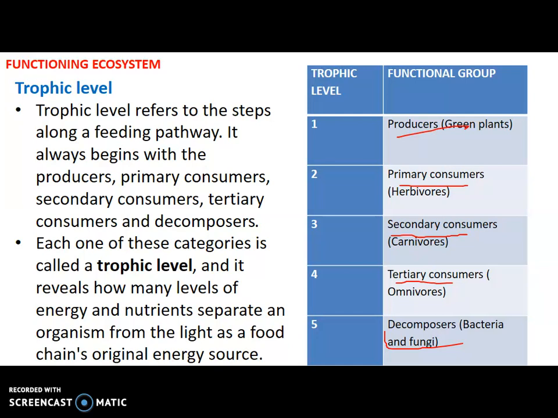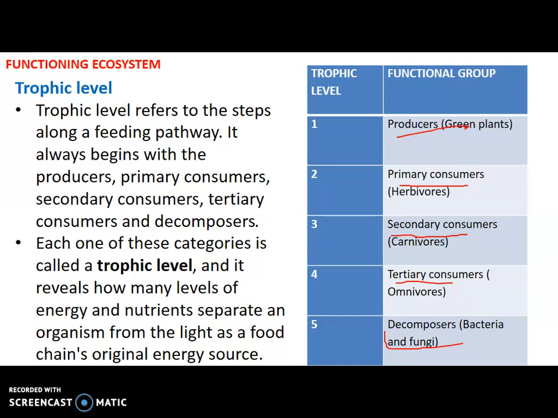It will show you the levels that separate the tertiary consumers from the producers. It will show you the levels that separate the secondary consumers from the producers. So the trophic level is the steps that are found along a feeding pathway. And every trophic level always starts with a producer.